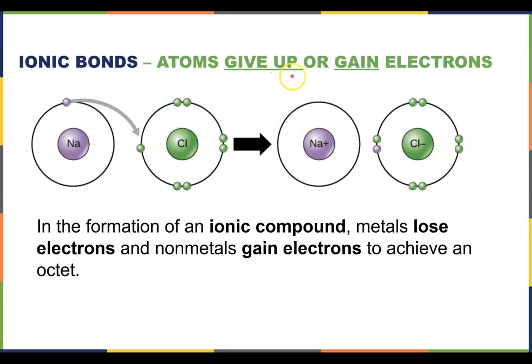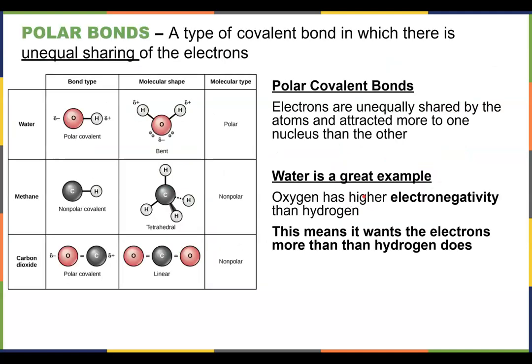Sodium is giving up an electron. Chlorine is gaining an electron. Then the attraction created between the positive sodium and negative chlorine is where that bond comes from. This is a very strong bond. It's usually between a metal and a non-metal. But yeah, that's ionic bonding.